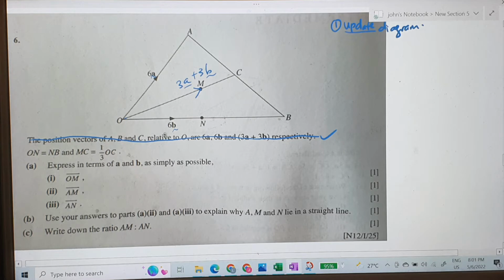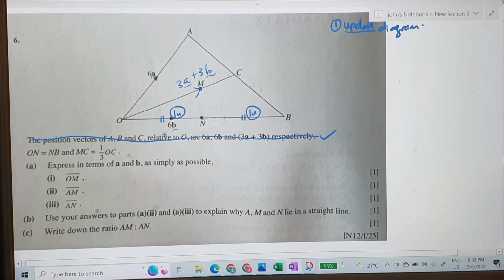ON equals to NB. What they're trying to tell us is that this length is equal to this length. So what I want you to do is to write here 1 unit, circle it, 1 unit, circle it. Actually N is the midpoint, the middle of this OB.